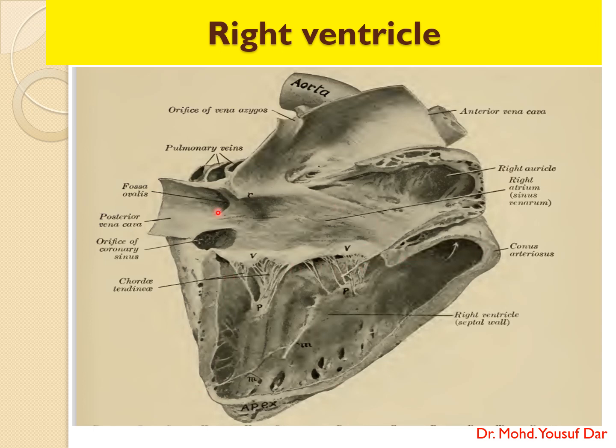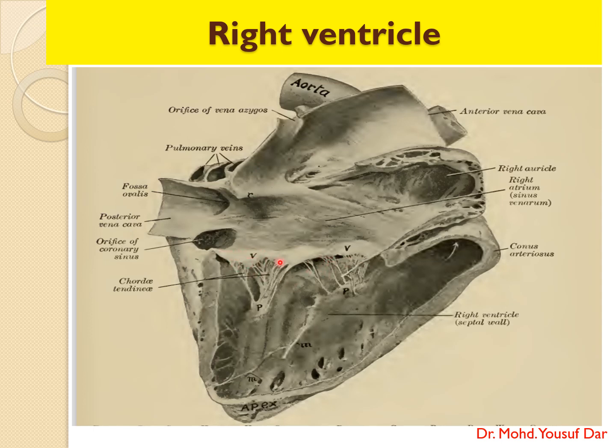Here this is the right atrium above, and this is the right ventricle which lies below the right atrium. These are the muscular ridges present in the right ventricle, known as trabeculae carneae, and this is the atrioventricular orifice, which is guarded by the tricuspid valve.